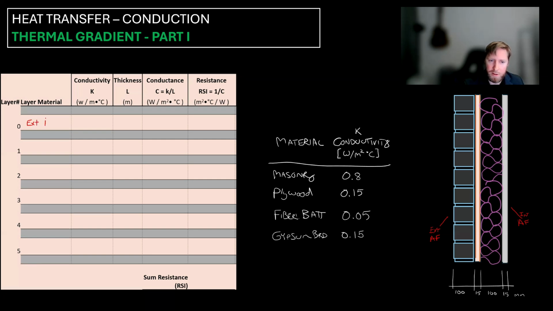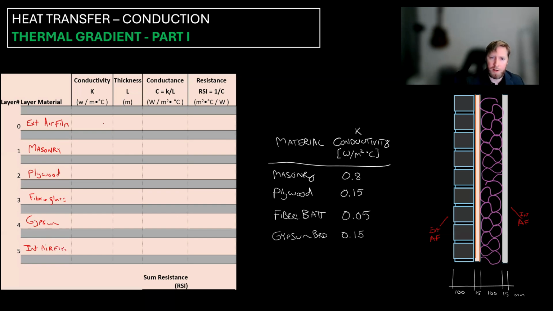I'll put exterior air film, and then I can write down the remaining materials as well: masonry, plywood, fiberglass batt, gypsum, and the interior air film.